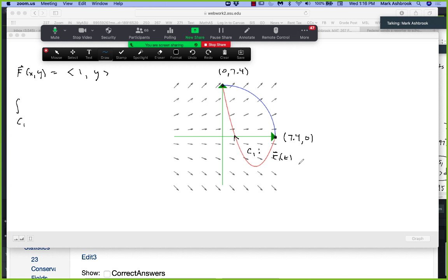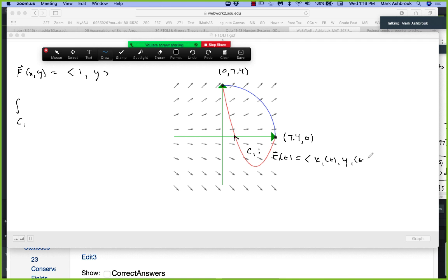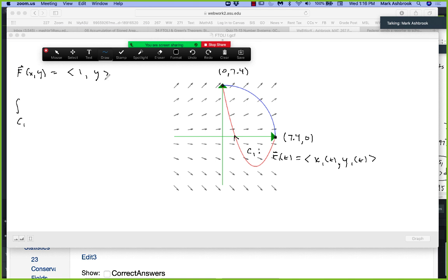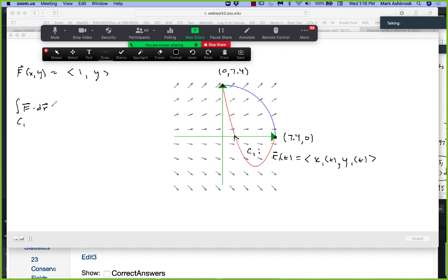And we could parameterize that curve. We've done that lots of times before, but I'll just call it x1(t), y1(t) for the components. And that will define all the ordered pairs on that curve. And then for my vector field, I'm going to do F dot dr. So remember, for doing a line integral, you're going to rewrite your vector field in terms of the components of your vector function that defines the curve, because we only care about xy ordered pairs along that curve.